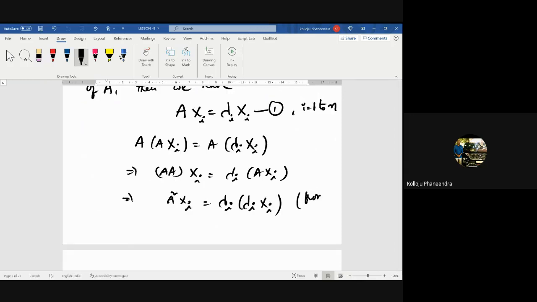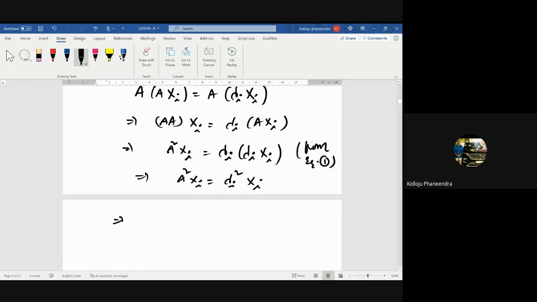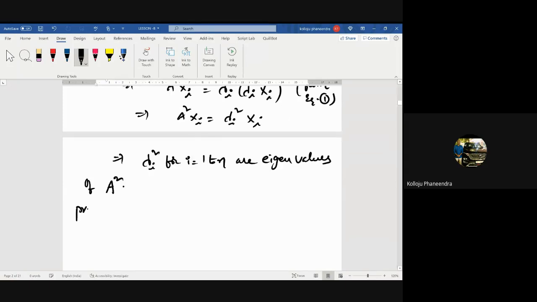So A square xi is nothing but lambda i square xi. This implies lambda i square, for i equal to 1 to n, are eigenvalues of A square.